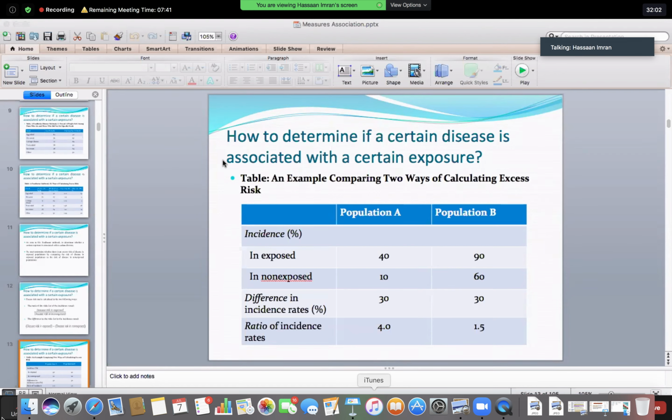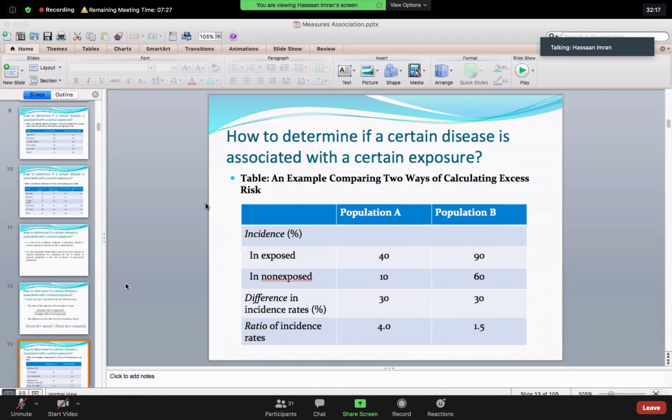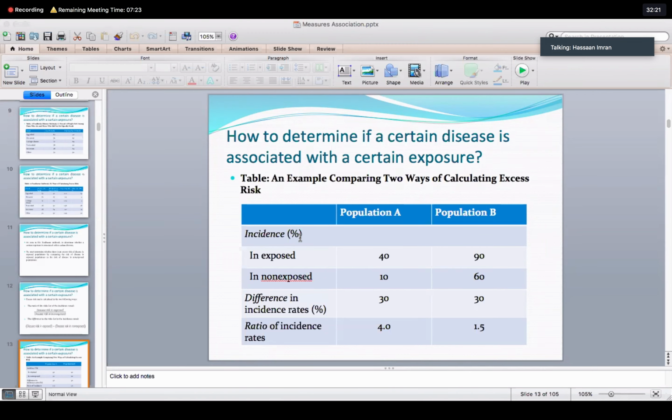Now, as far as these two populations, I think Mariam actually told us about this table. That is absolutely right. Now, they have told us the exact figures. In exposed, on the top they have written in percentage.